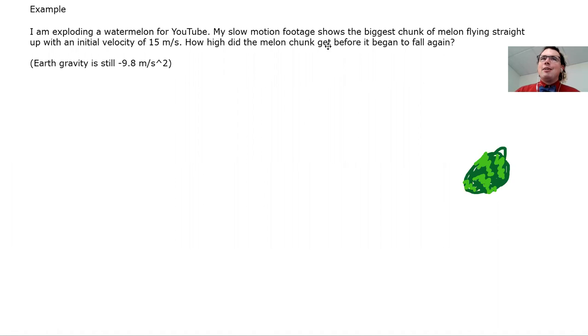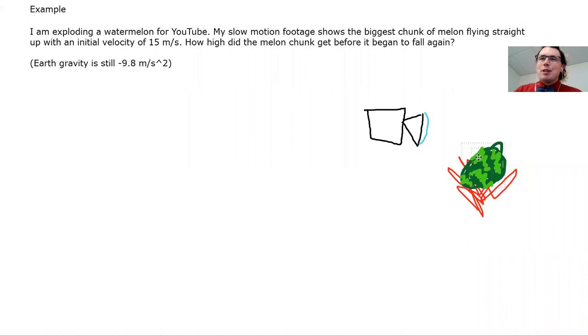So here, let's say that I've got a watermelon and I've got a slow motion camera pointed at this watermelon. And what I'm going to do is I'm going to explode this watermelon and put the video up on YouTube.